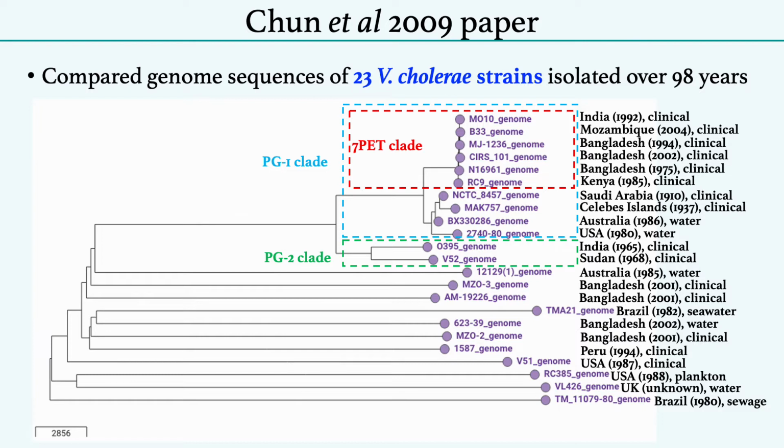These 7 pandemic isolates belong to a larger clade which has been named the Phylocore Group 1 clade, or PG1 clade, and which has a sister clade called the Phylocore Group 2 clade, or PG2 clade. The Phylocore Group clades are distantly related to the other isolates sequenced, which are also all distantly related to each other.